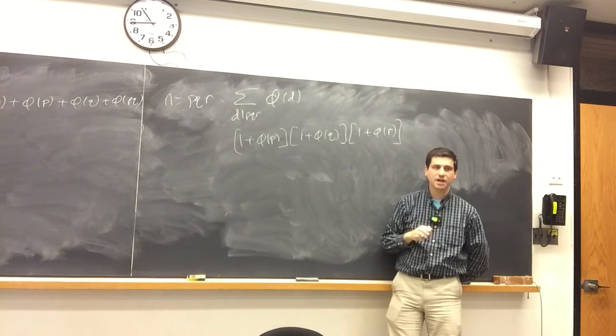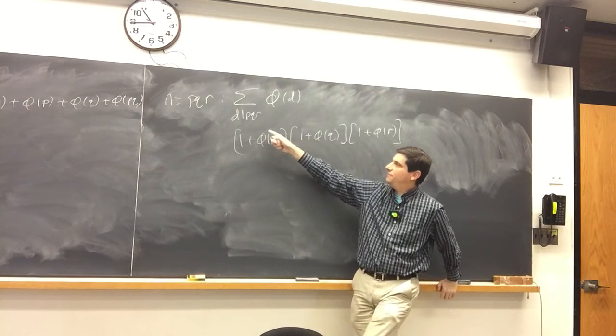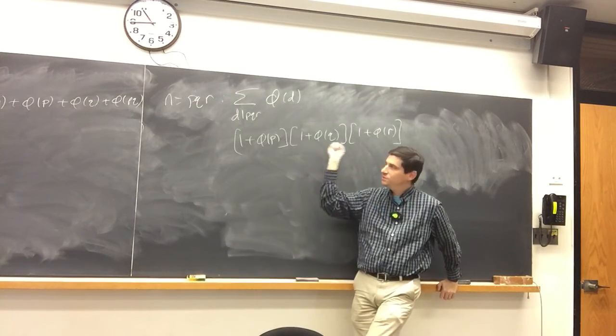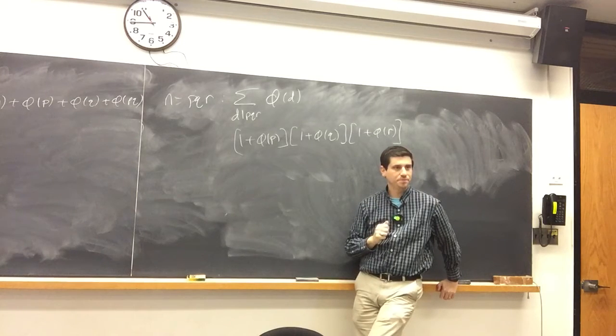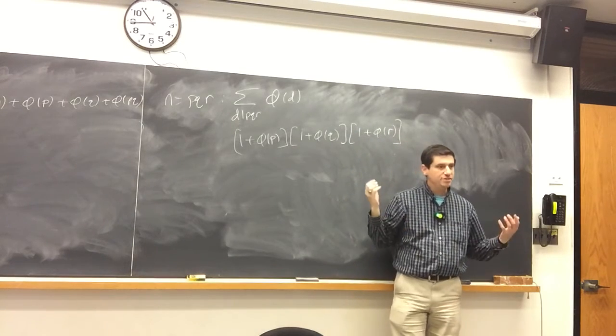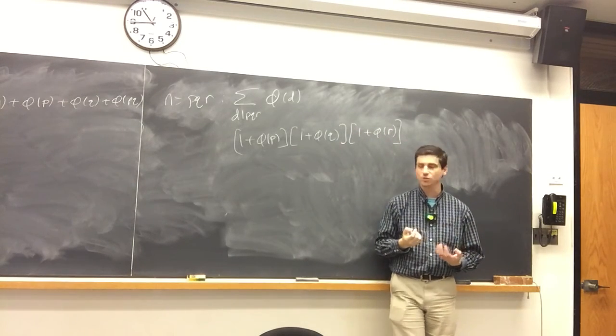For each one, we can look at it as either d includes p as a factor or it doesn't. And when we multiply this all out, we'll get our answer. And then this is just p, q, r. So the idea is to use the telescoping series for each one.